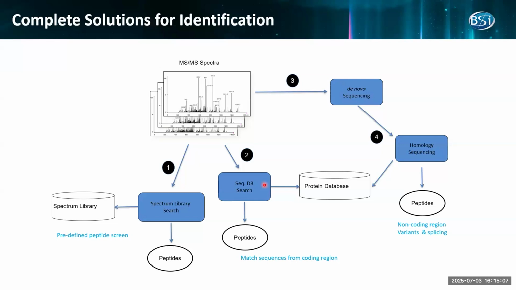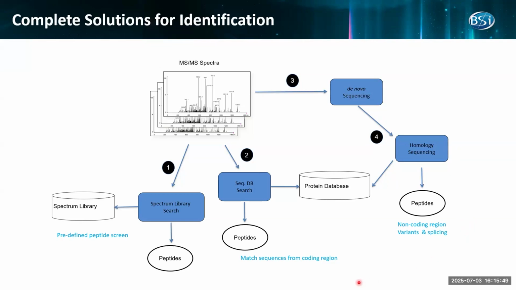What this function can bring to us is, if your database is not very complete, for example, some Asian species where we only have partial sequence information, or some dark protein or non-coding regions, then your de novo sequence needs a perfect spectrum, a very good spectrum. In this case, your de novo sequence is not very good, but you get some sequence tag with some ambiguity. By combining both of those, you get a better sequence.